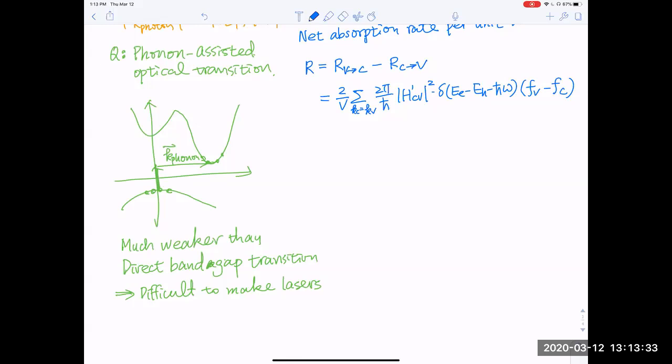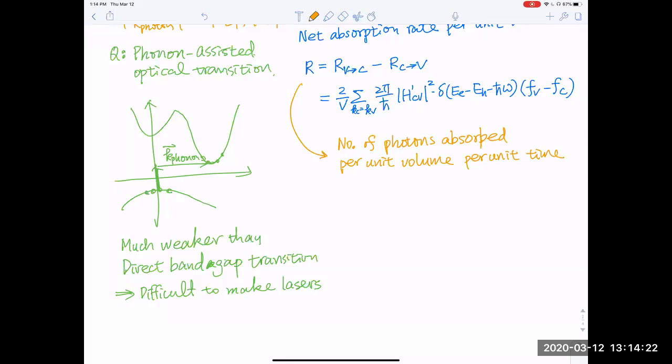This is net absorption. To be even more precise, these are the number of photons absorbed per unit volume per unit time. So that's this quantity here.